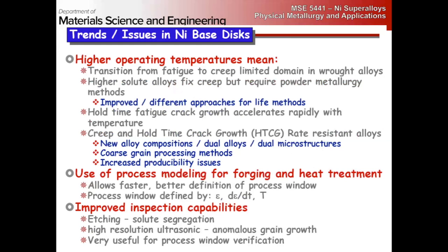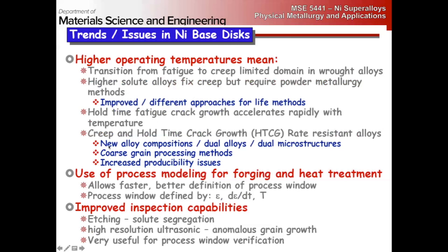Nowadays, the big discs are all made by a powder metallurgy route, which adds a lot of cost, but we'll see has a lot of benefits. The primary driver for the development of disc alloys is creep design.